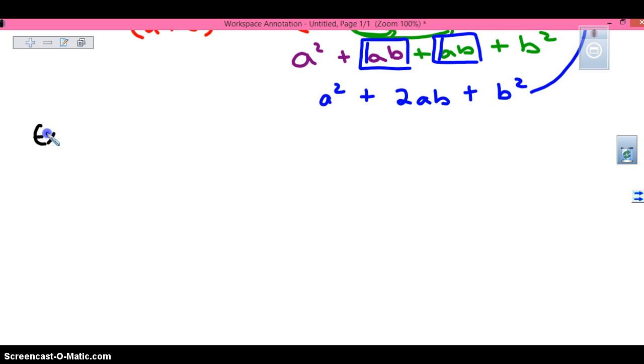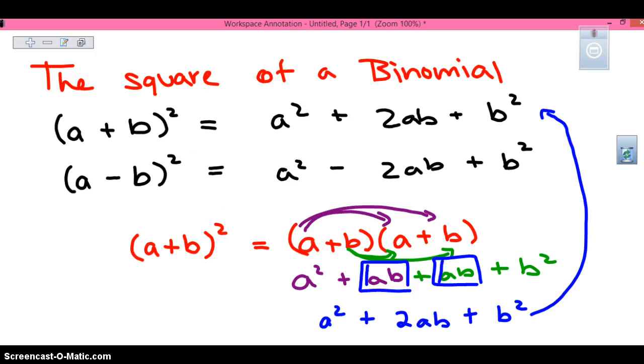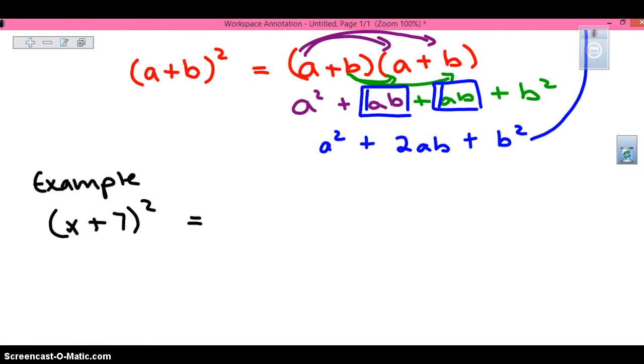We need to work out (x plus 7) squared. We can do two things. We can use the formula for the square of a binomial, or we can actually multiply it out using FOIL or the distributive property. So I'm going to use the square of a binomial. (a plus b) squared equals a squared plus 2ab plus b squared.